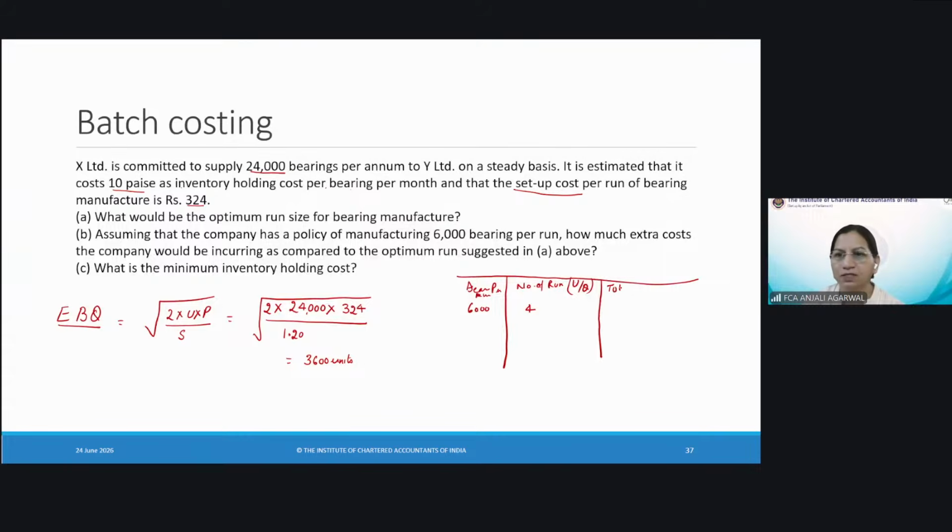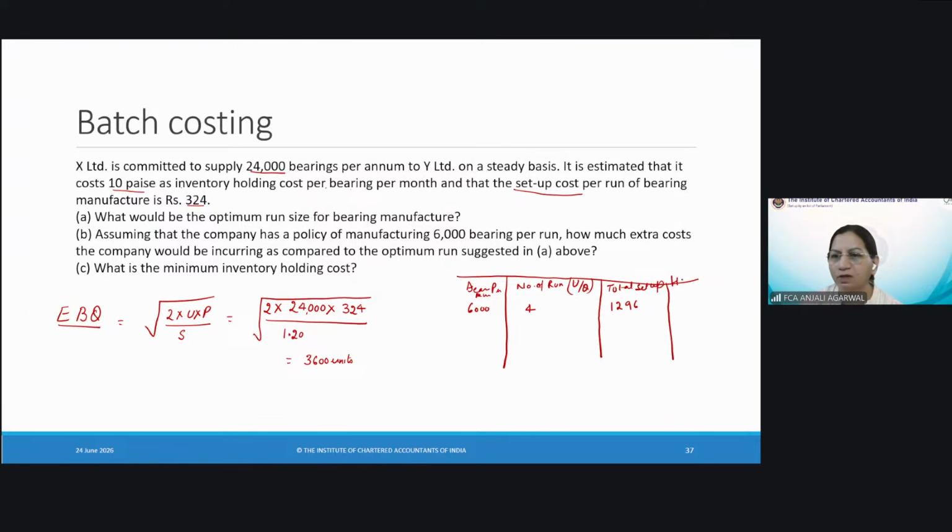Total setup cost, 324 per run. So 324 into 4, it is 1,296.